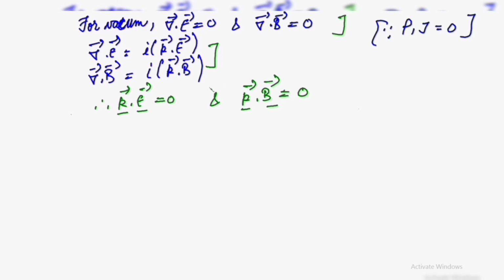That means the electric field and the magnetic field both are perpendicular to the direction of the propagation vector, that is our k.